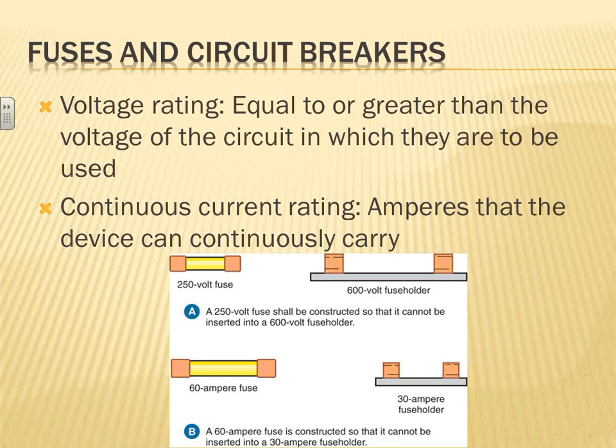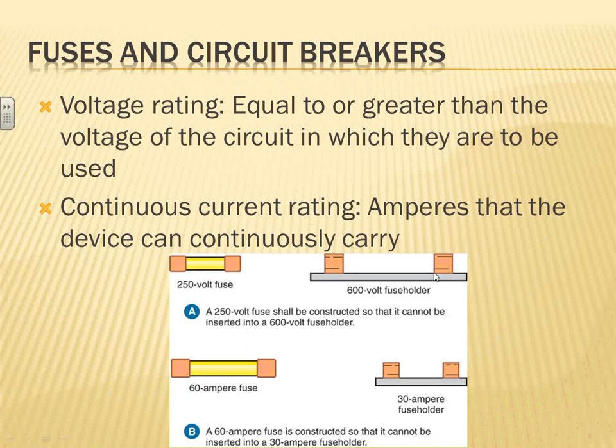Does that make sense? You don't want the fuse to be larger than what the clip is rated for, or the voltage of the system to be more than what the fuse can handle. So there's the voltage limitation and the current limitation, as you guys know.